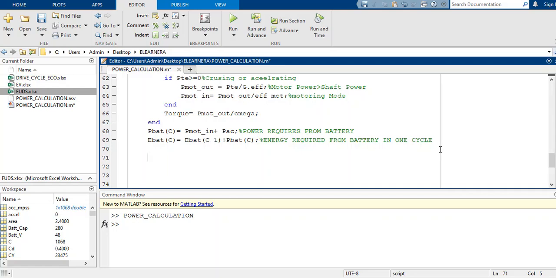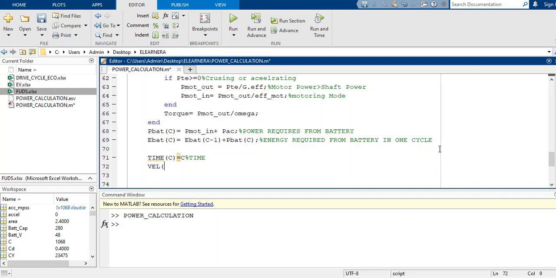Okay guys, now we will put all the parameters into distinguished variables so we can plot them in graph format. For this we put the time, that is a variable c, shown as time.